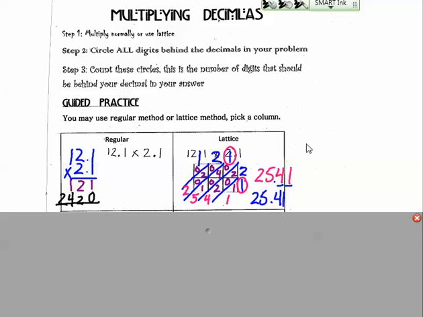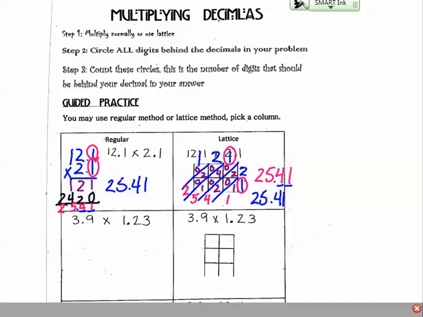Then we add it up. 1, 4, 5, 2. If you notice, it's exactly the same digits as I got before. Circle what's behind the decimal. That's 2 circles. So we go 2 over, 1, 2, decimal point. 25.41 is our answer.